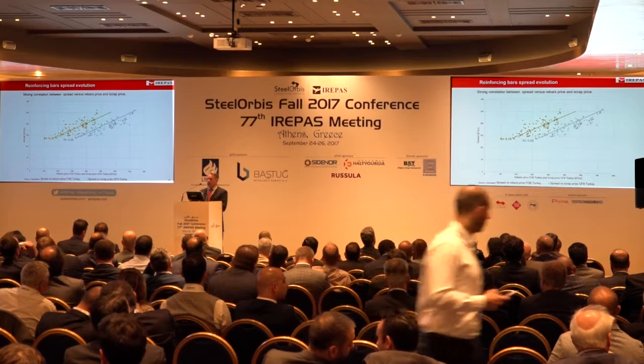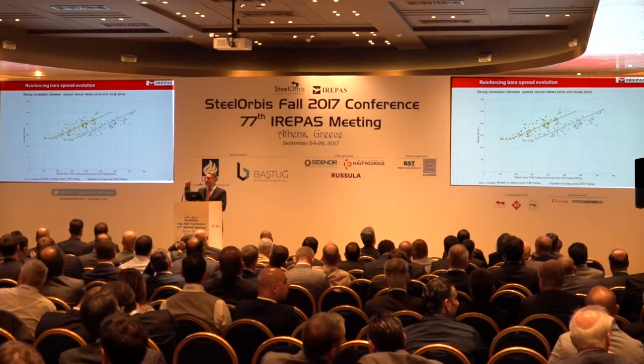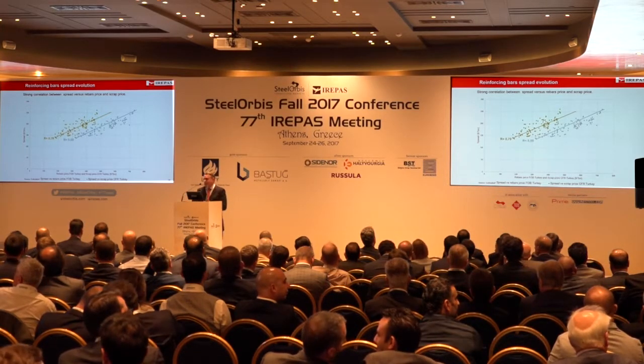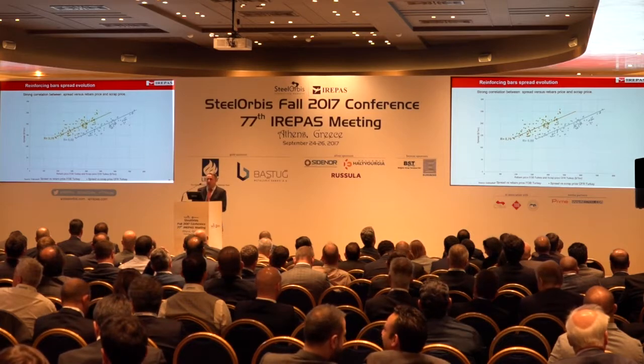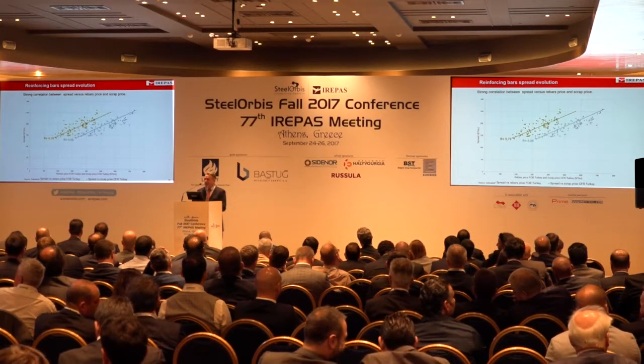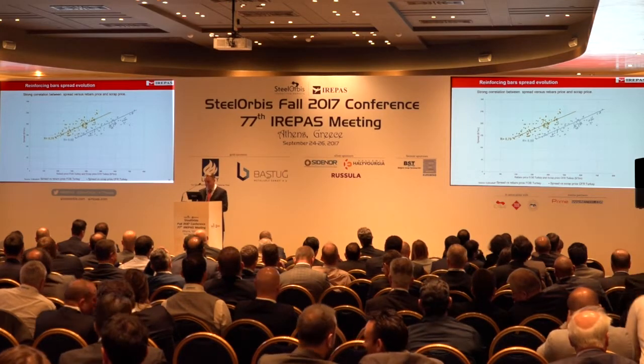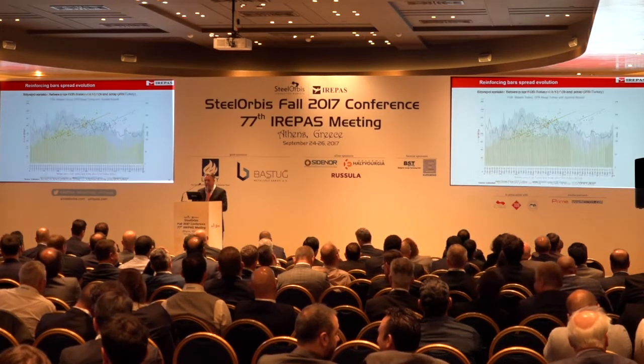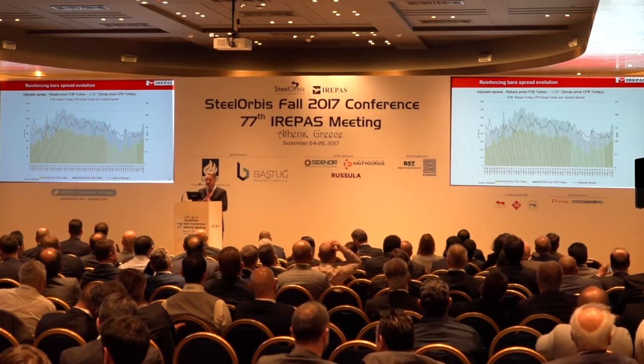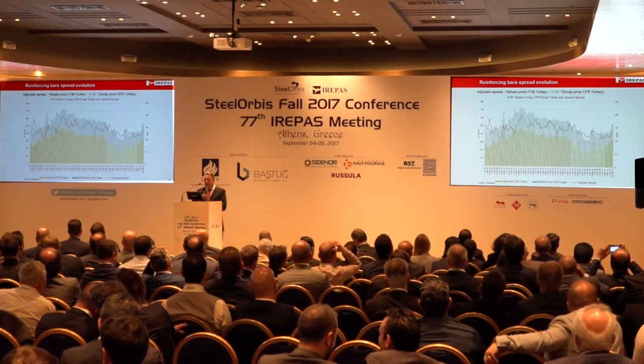The rest of the costs were more or less stable. So what is driving our cost, and therefore the price that we can get from the market, was the scrap. But as I will tell you before, I think that can change in the future.